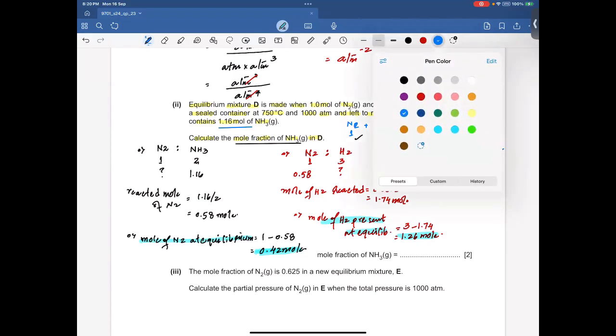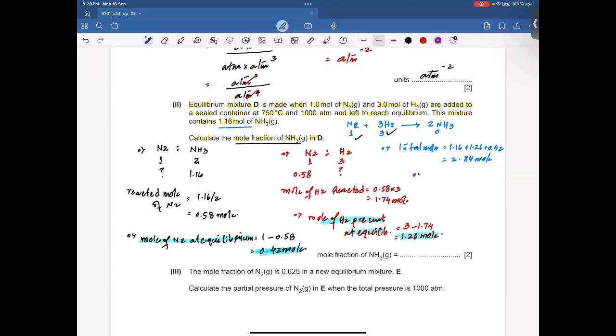Now, the last step of this, mole fraction. What is mole fraction? Mole fraction is basically moles of the gas over total moles. That's what I have given you in the formula in states of matter. My bad, mole fraction is basically moles of gas over total moles.